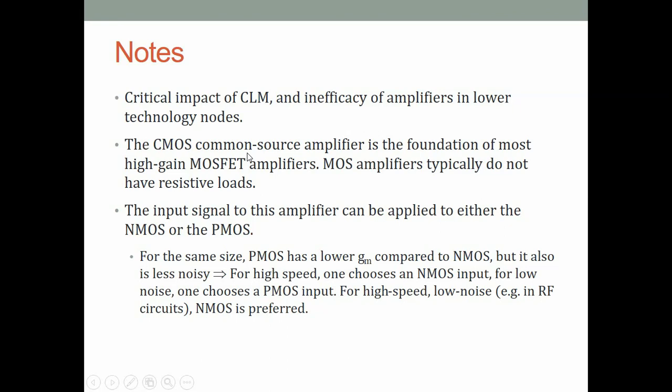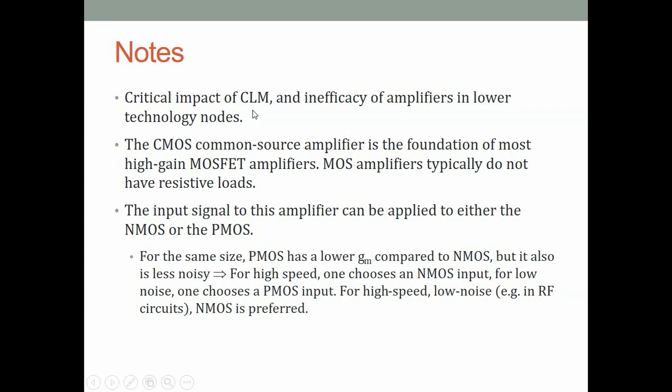In fact, this will be our main circuit that we will extend and expand to make higher and higher gain amplifiers, and this is true for most MOS amplifiers designed in the world. The CMOS amplifier is the foundation for building high gain amplifiers. MOS amplifiers usually don't have resistive loads, unless you want the gain to be small, like 10 or 20, then you will use a resistive load.